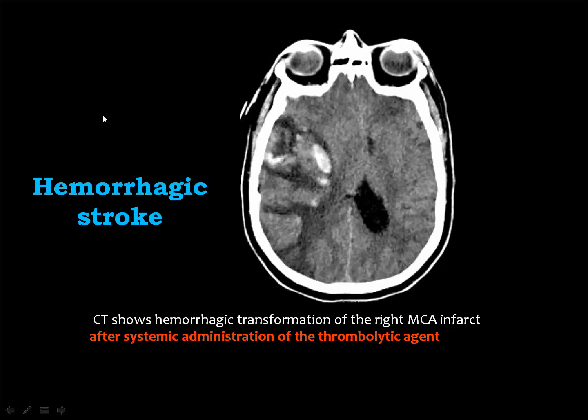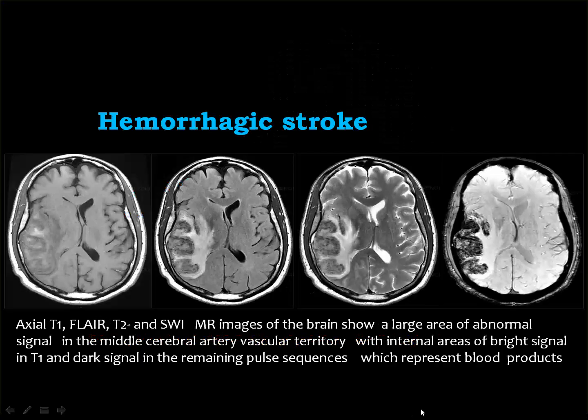And this is another example of infarction that has developed hemorrhage because of the thrombolytic agent. The thrombolytic agent will try to dissolve the thrombus and to maintain the blood flow again to the affected area, and this blood flow will result in rupture of some of the weak vessels, resulting in this hemorrhage.